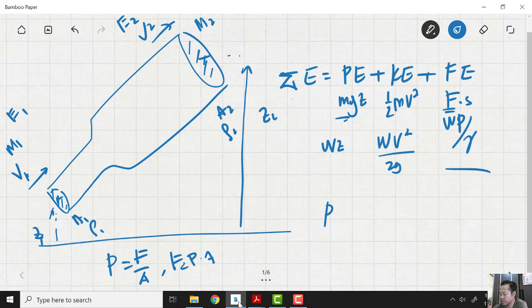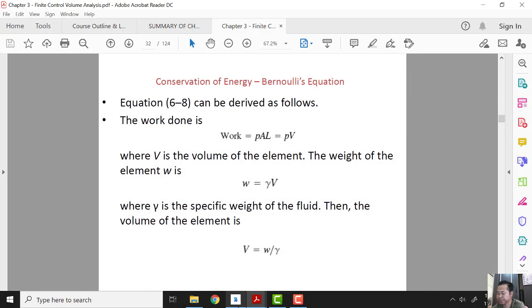Write the equation as P A times s, where the distance is L. Area times distance gives volume, so work is PV, pressure times volume. So flow energy has different forms: force times distance, weight times pressure over gamma, or pressure times volume.